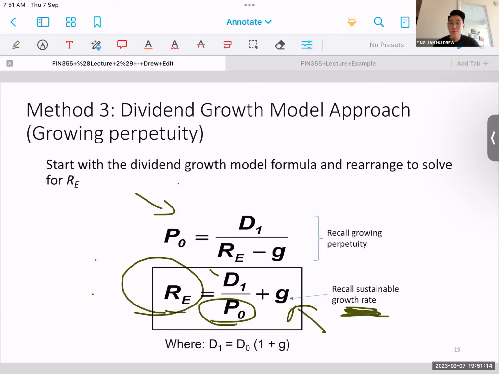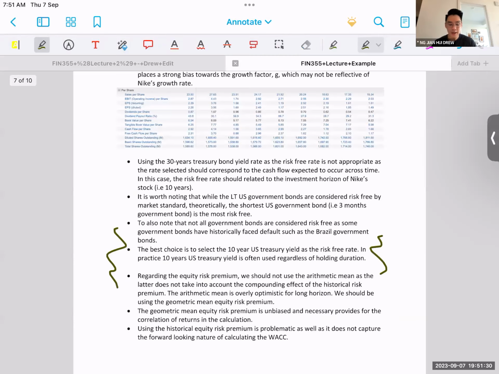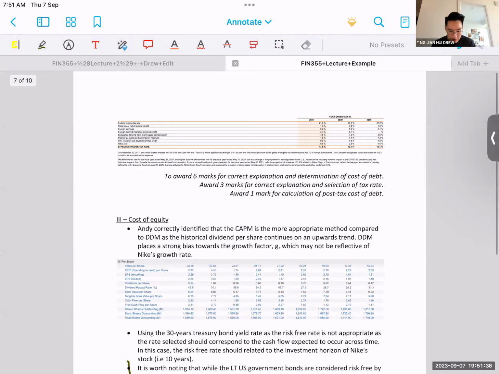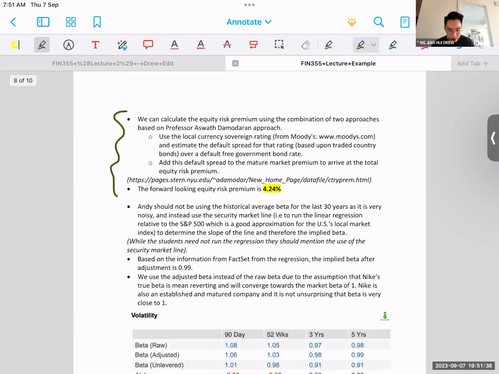You will have to do a weighted average for the risk-free rate, because it's coming from different countries. That's correct. And if you look at the lecture example here, there's this thing that we talk about just here. So this is important.